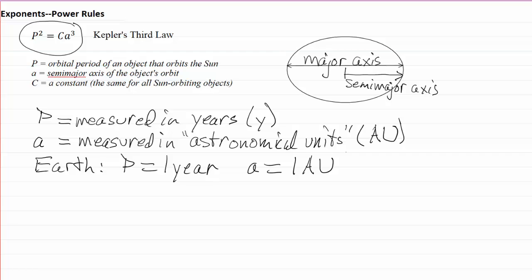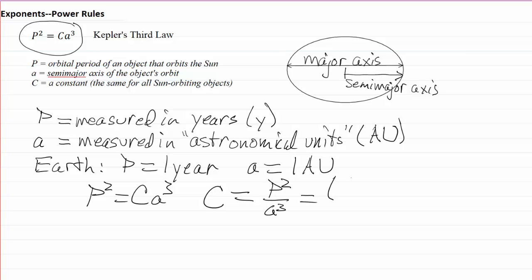That's how we define the astronomical unit as well. And so if we apply Kepler's third law to this, we can solve for C, starting with P squared equals C A cubed. If we divide both sides by A cubed, we can find out the value of C, and it is P squared over A cubed.